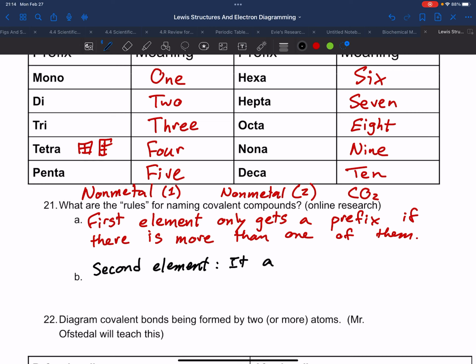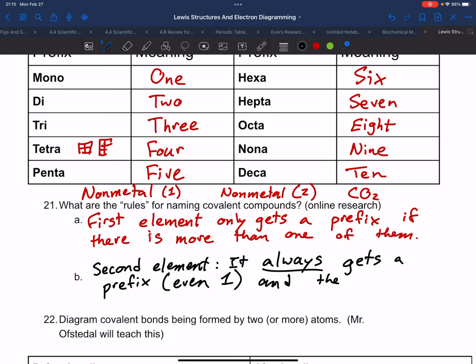it always, and please underline that, it always gets a prefix, even if it's just one. Always gets a prefix, and the suffix changes to IDE.